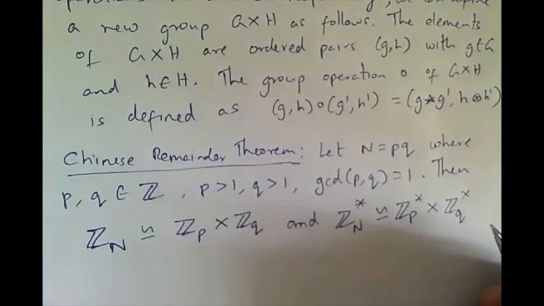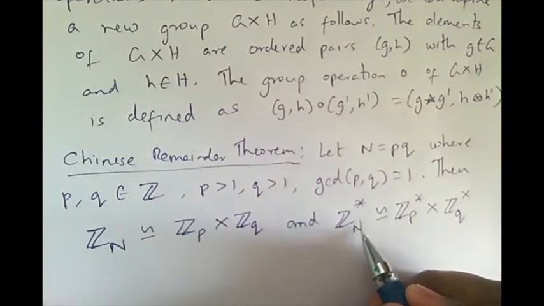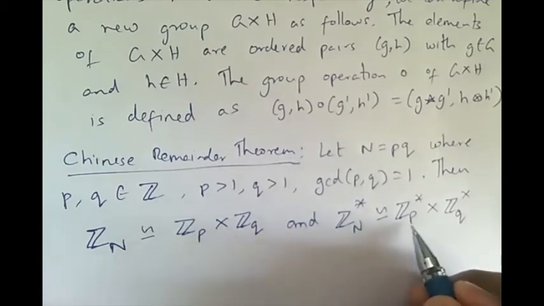Okay. So again, Zn star is the set of integers from 1 to n minus 1 which are relatively prime with n. We discussed that in the first part of this lecture 16 extensively, so I won't repeat it here.